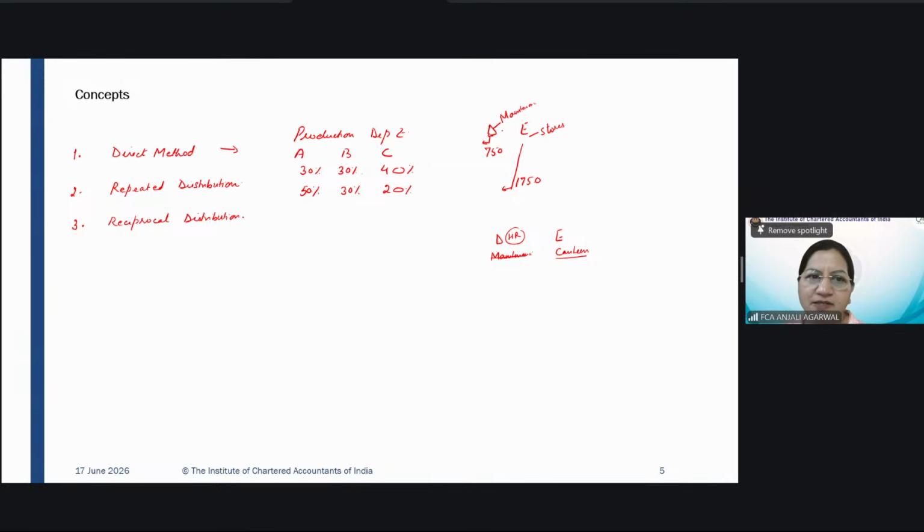That becomes reciprocal distribution. So when there is reciprocal distribution, we can solve it using either the equation method, which is called the simultaneous equation method, or we can use the trial and error method, or the repeated distribution method.